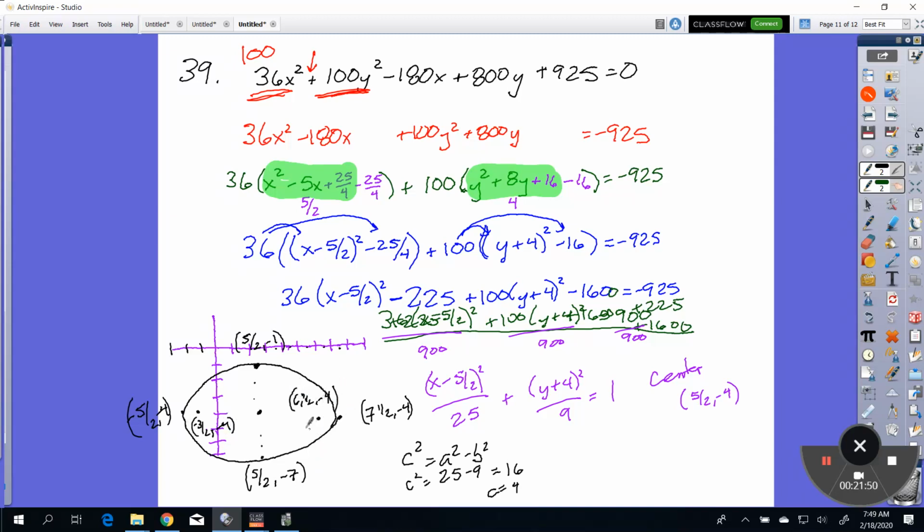So that's the foci, the vertices, the center, the equation, and all of that mess. So you're going to need a few more days on this.